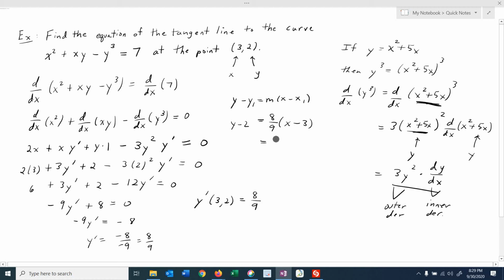So you can distribute the 8/9. Of course, you get 8/9x minus 24 over 9. And then we can add the 2 to the other side. Of course, you're going to need a common denominator over here. So instead of writing it as 2, let's multiply that 2 by 9 over 9. So it becomes 18 over 9, and that way we have a common denominator of 9.